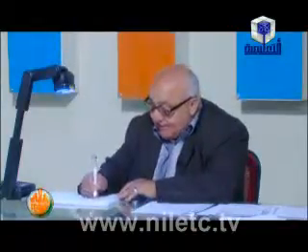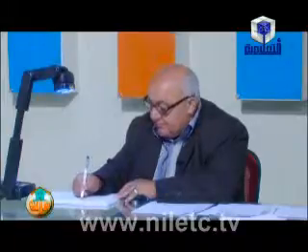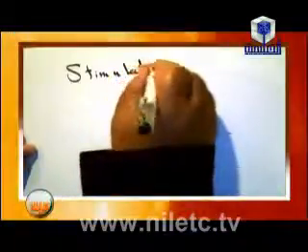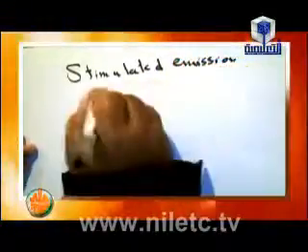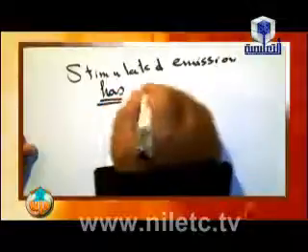And also, what is the condition required in order for an atom to emit by stimulated emission? We know that there is a difference between stimulated emission and spontaneous emission. Stimulated emission has a condition.